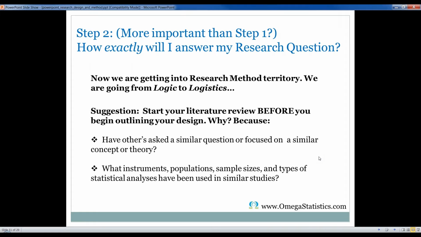That literature review is going to save you a lot of effort because you're going to be citing things: this study did this and this study did that, and that's why I'm doing this, right? So you always want to have something to back it up. Also, if you see an instrument that's great from your literature review of similar studies, you can use it. Any questions on anything so far?